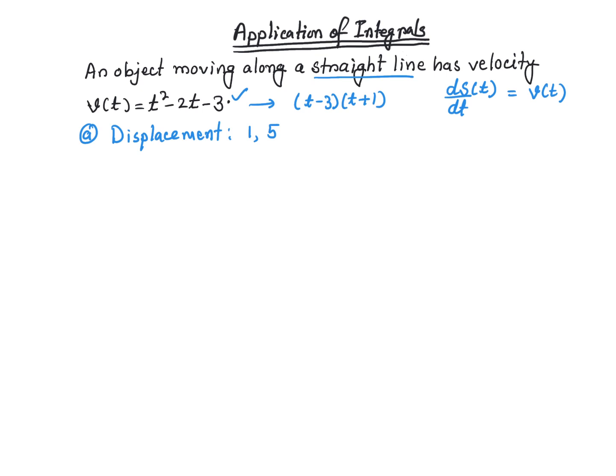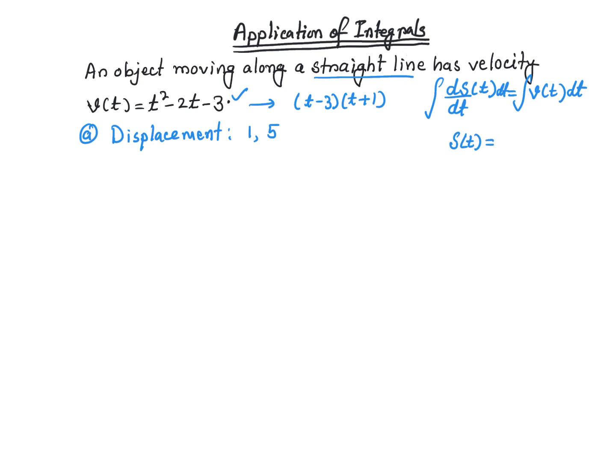So if we integrate these with respect to t, then we're going to find s of t. It's an indefinite integral, so there will be an arbitrary constant that has to be found from the initial conditions, but for the time being, let's ignore that part. So let's do the integral.